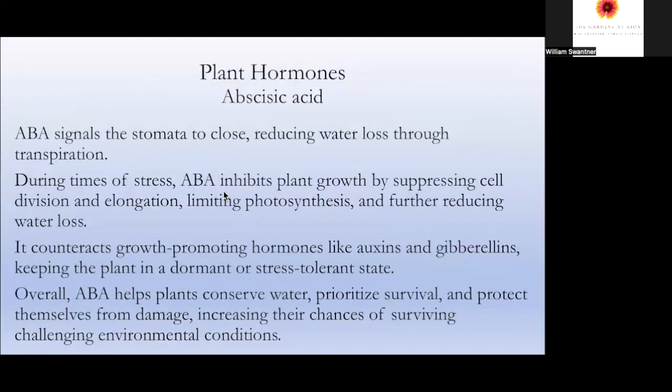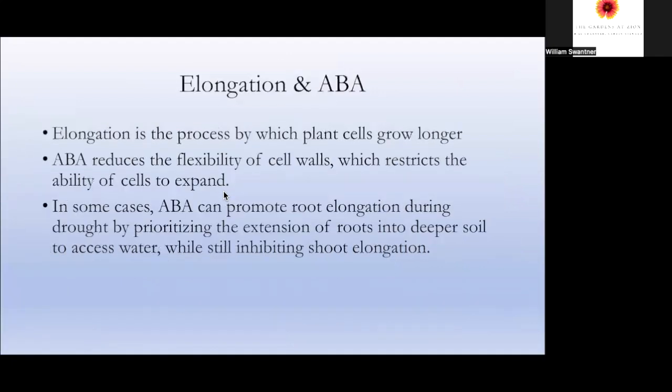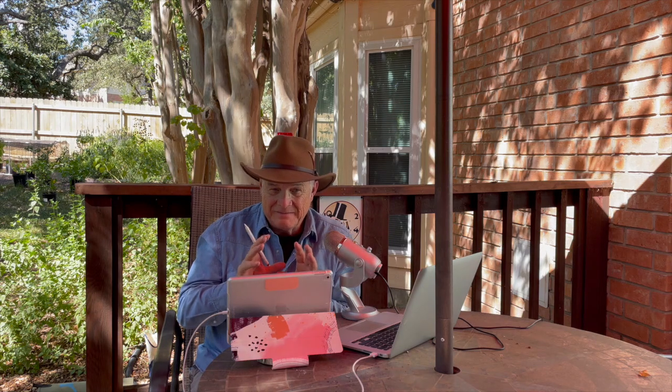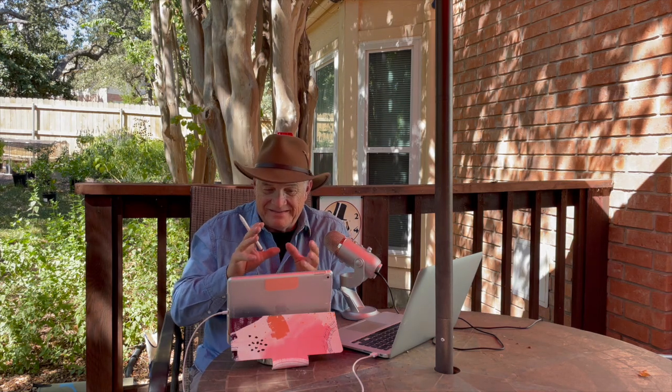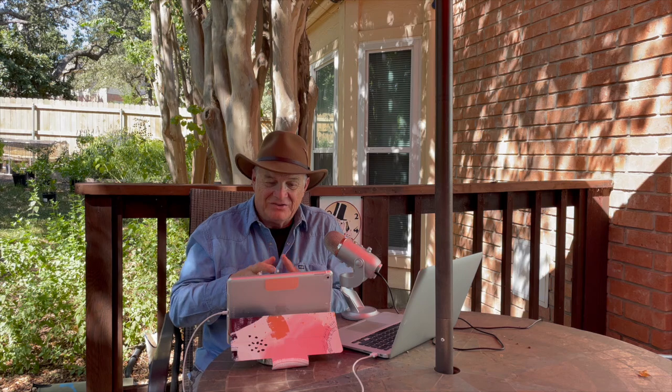Elongation. Elongation is the process by which plant cells grow longer. And so abscisic acid reduces the flexibility of the cell walls. Isn't that fascinating? The abscisic acid stops the cell walls from elongating, which restricts the ability of the cells to expand.